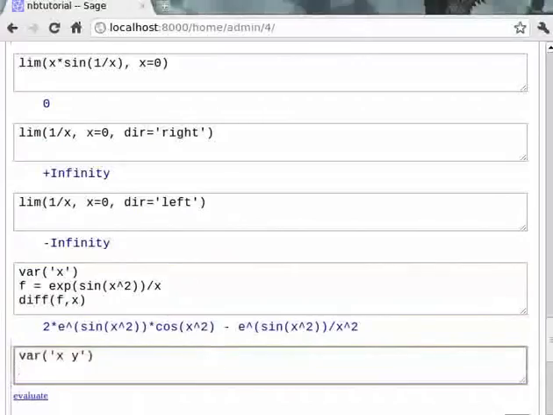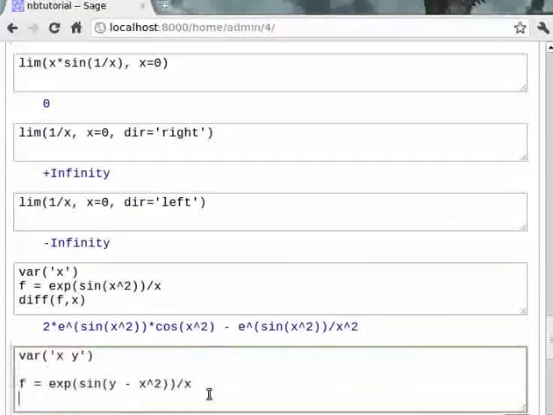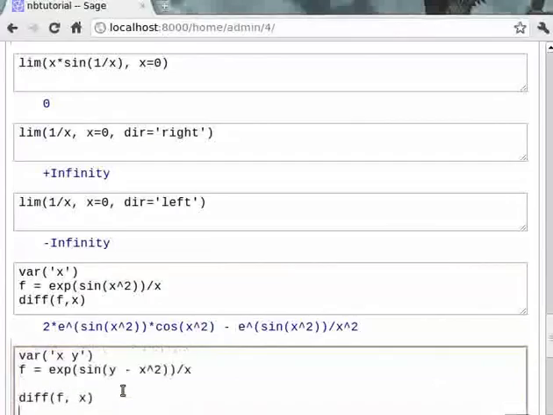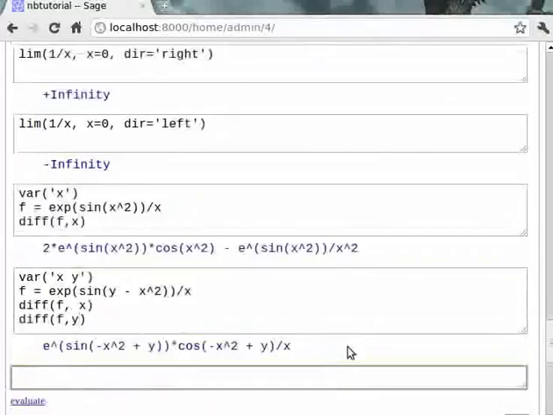So you can type var within brackets in single quotes x space y, then in second line you can type f is equal to exp within brackets sine and again in brackets y minus x square by x, then you can type diff within brackets f comma x, then next line you can type diff within brackets f comma y. Thus we get our partial differential solution.